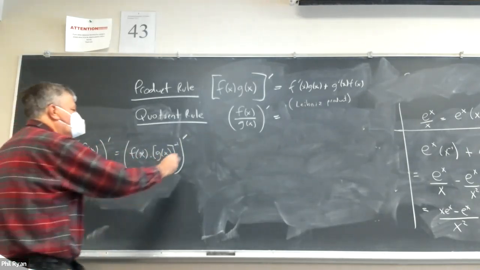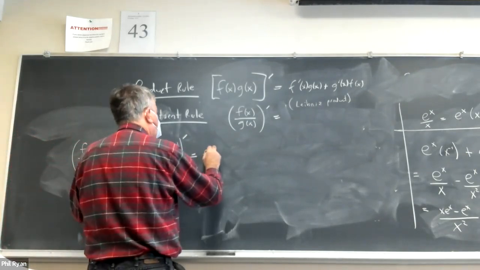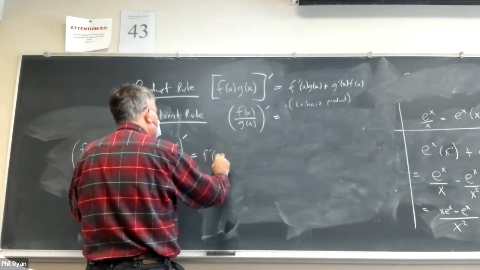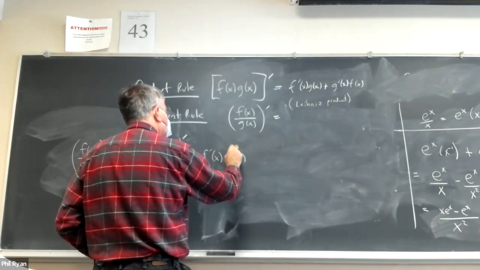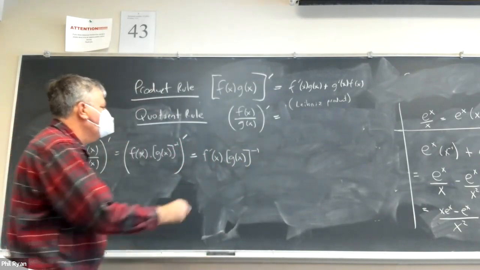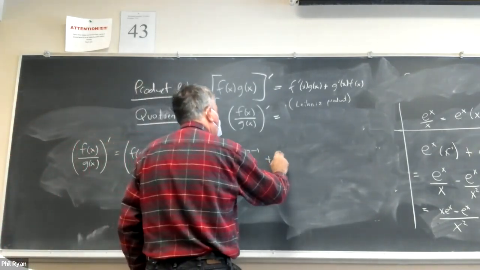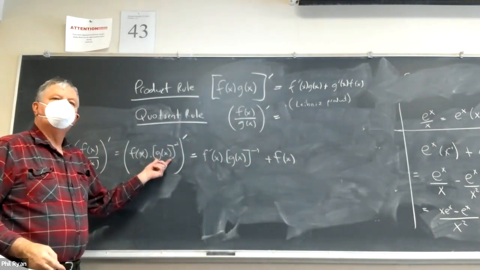Okay? And so let's use the product rule. So it's f prime of x times g of x to the minus 1, plus f of x times the derivative of g of x to the minus 1.